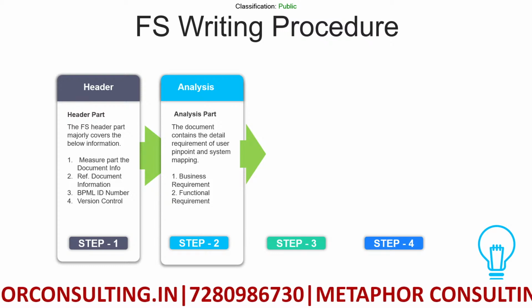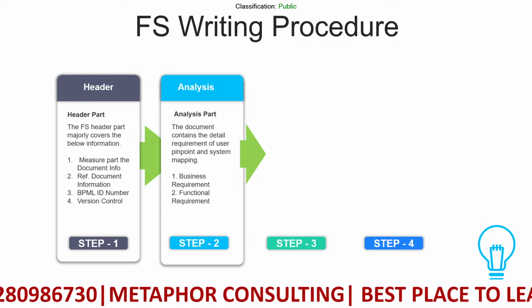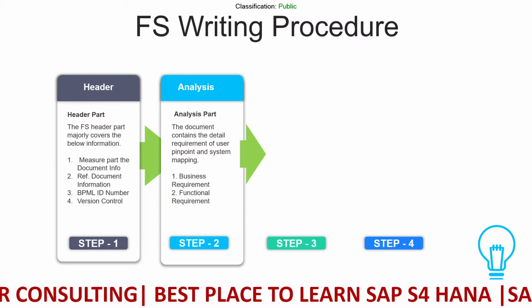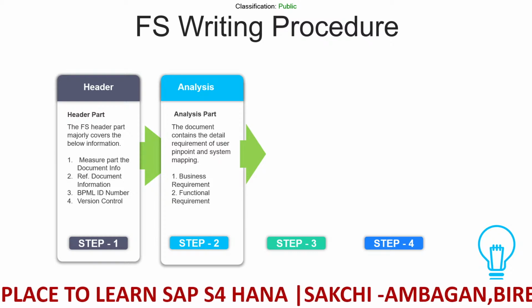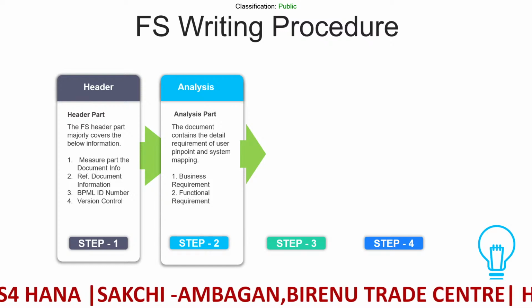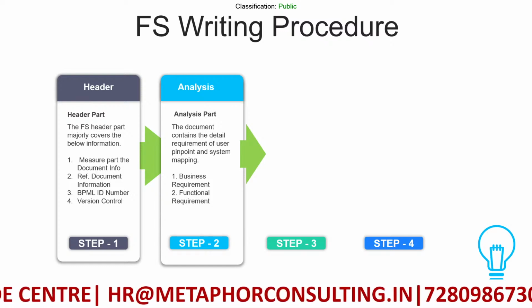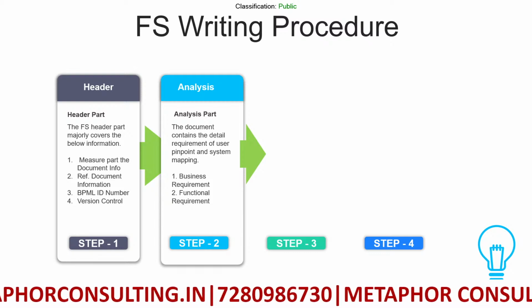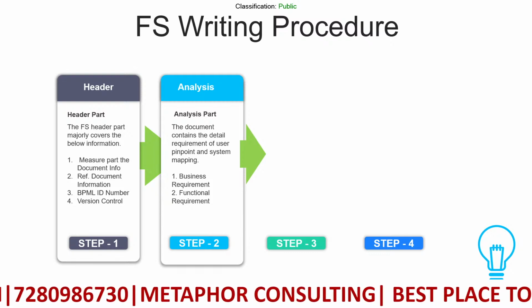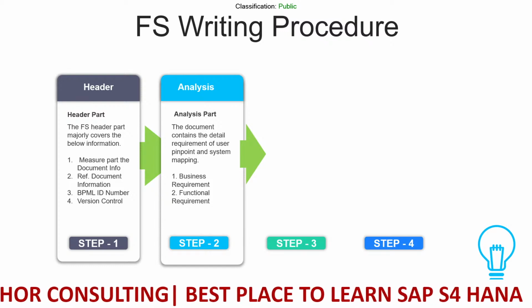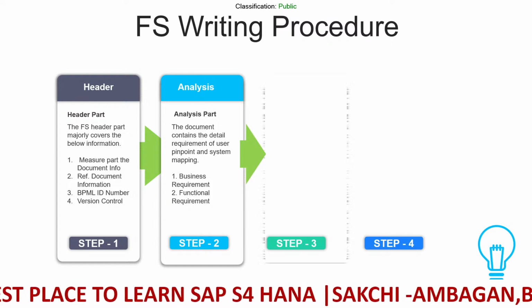In fact, I have to tell you that the implementation we already completed was in the 2022 environment of SAP S/4HANA, and currently we are doing the implementation in the 2023 latest generation of SAP, and what FS we are preparing and what kind of tool we are using, that also we can highlight. Don't worry guys. Go ahead to the third step.